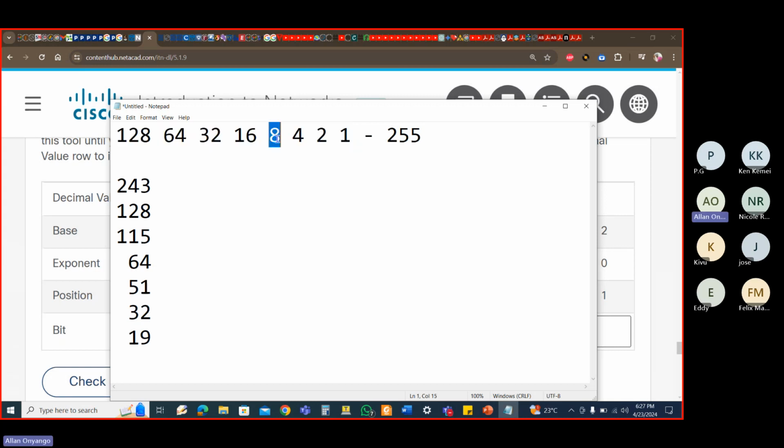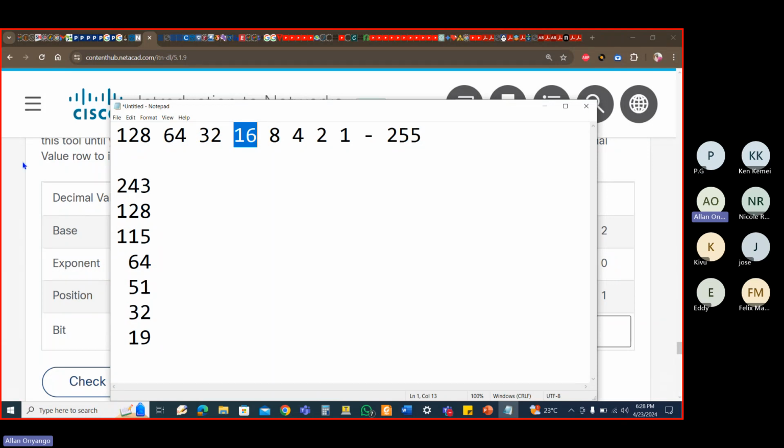You start from here. 16. We have 19, isn't it? What do you add to 16 to get 19? We know that 19 is 16 plus something. 16 plus 3, isn't it? But 3 is 2 plus 1, which means 19 will be 16, 2, 1.